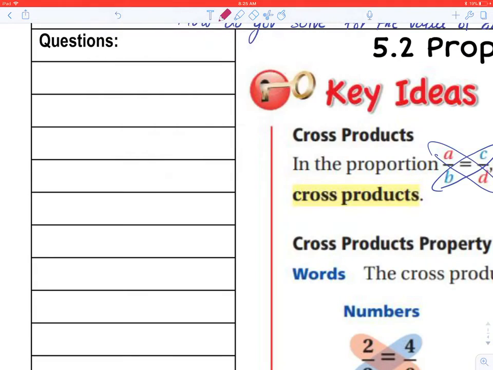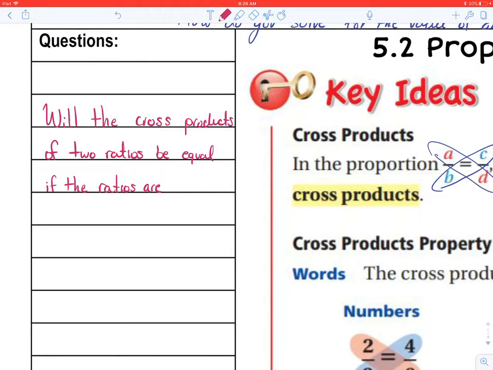So will the cross products of two ratios be equal if the ratios are not the same? Fraction in simplest form.